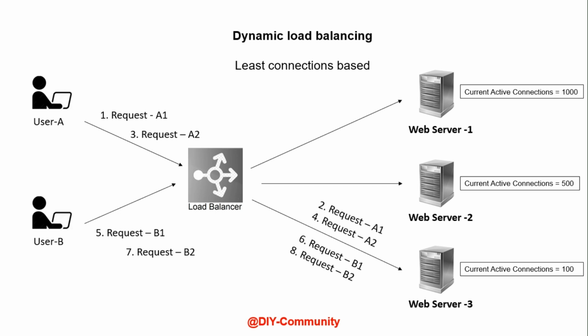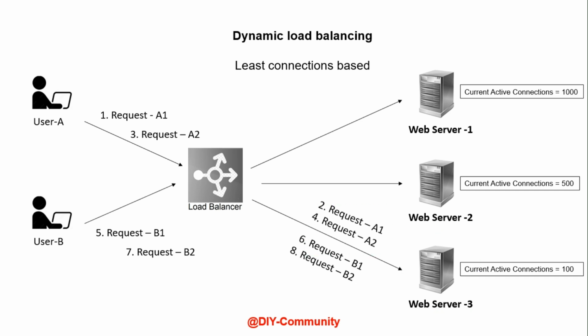In this series, the first algorithm we will see is the least connection based. For example, in this particular situation, web server 1 has 1000 current active users connected to it, web server 2 has 500 current active connections, and web server 3 has only 100 connections. Now when a request arrives at the load balancer from various users, it will always check which is the best possible web server at this point in time.